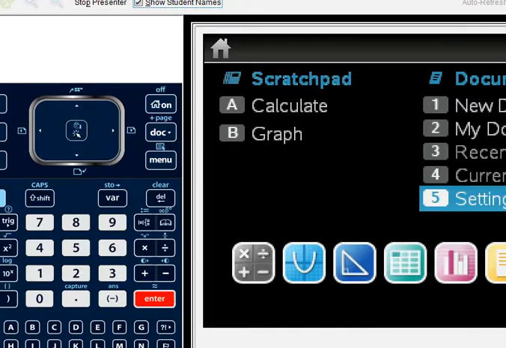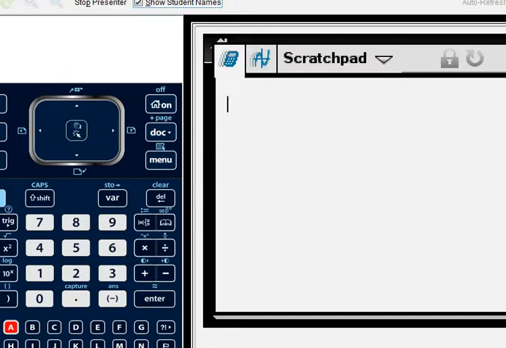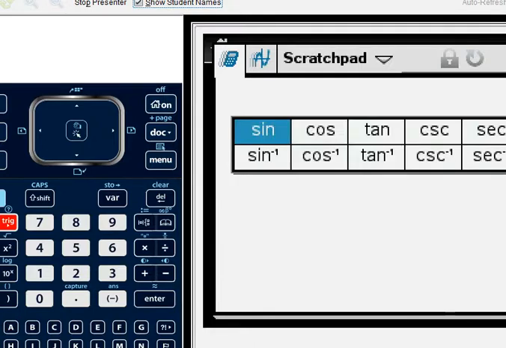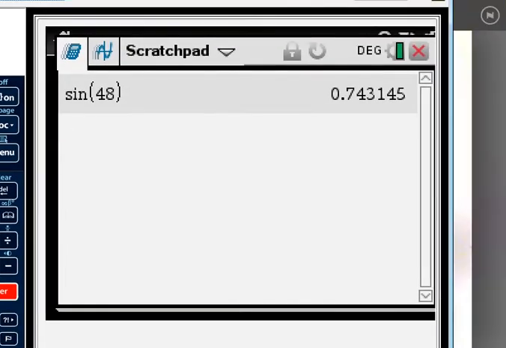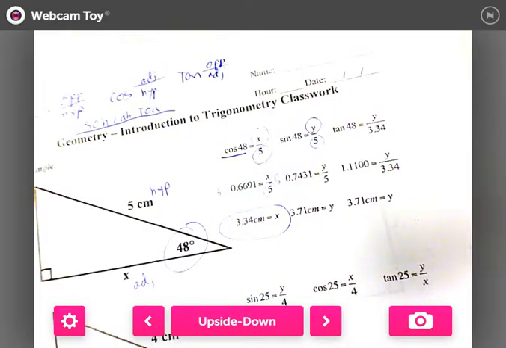I've logged in. If I go to a calculator page, it's A. So I've gone to a calculator page. Right here, the trig button pops up, and I can hit sine of 48, and it gives me the answer right there. Yep. And I'm going to do it for, hold on.